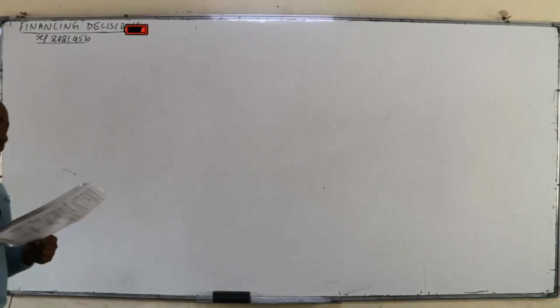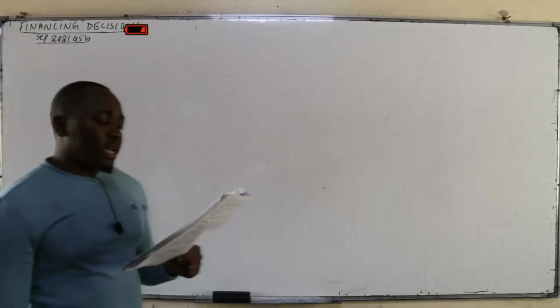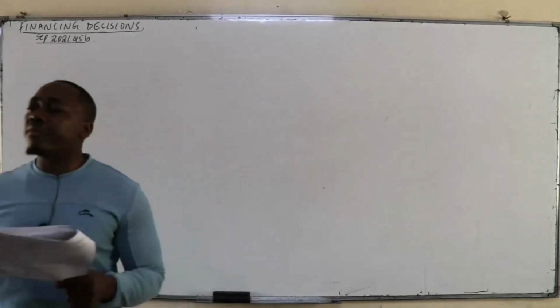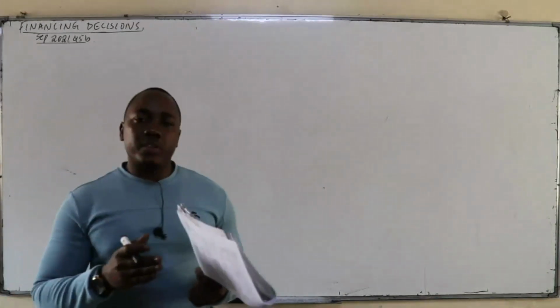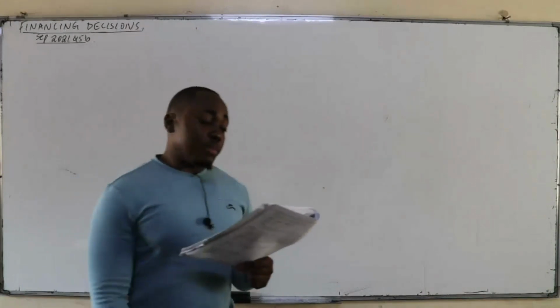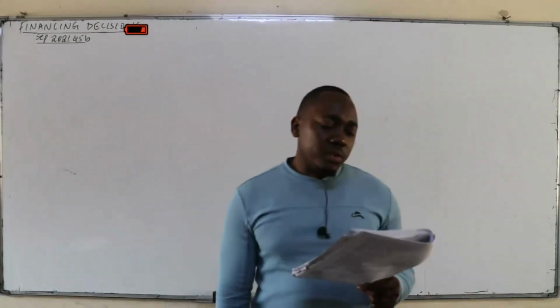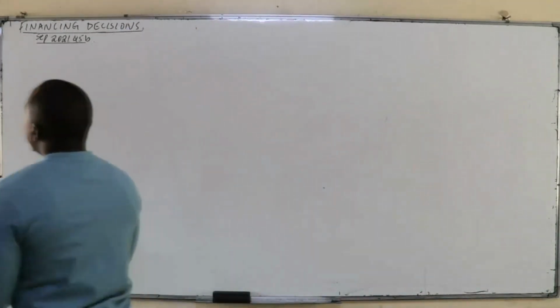Number one, the profit after tax for the year ending 31st December 2021 is estimated to be 22.5. That's the expected profit at the end of the year. The retention ratio is 60%. So how much is the expected retained earnings?